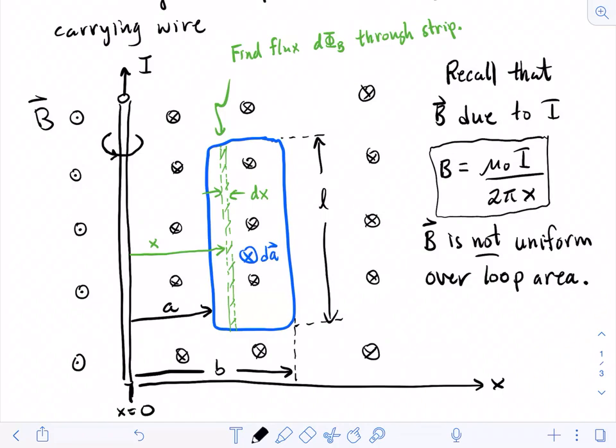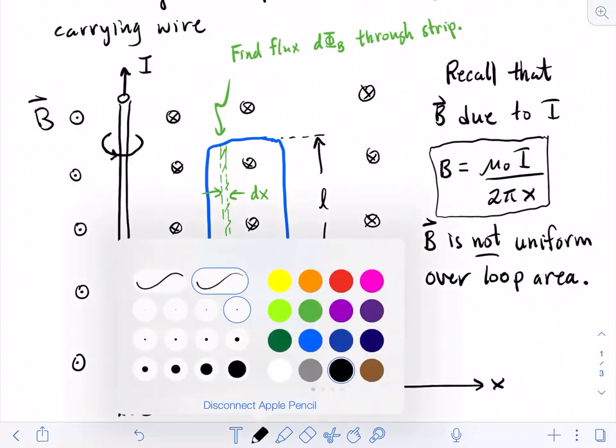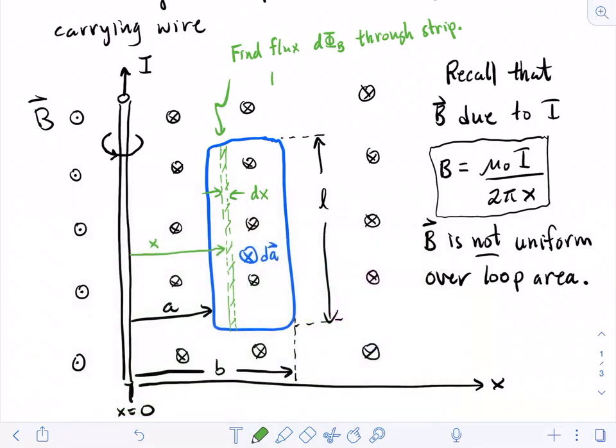And the area of our strip is just equal to the length of the strip, which is L, times the strip width, which is dx.